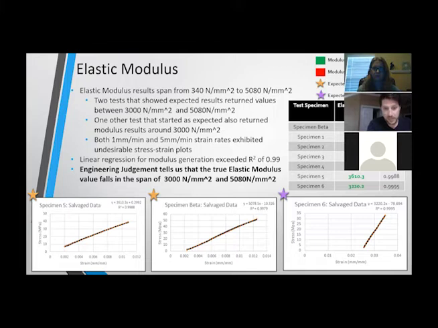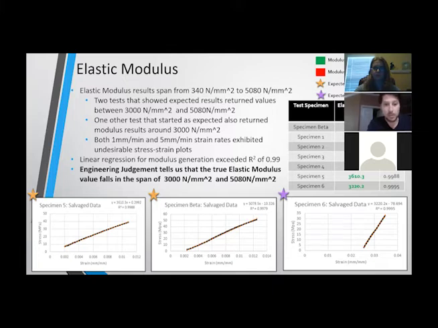Two of the 7 tests showed nominal testing results, between 3,000 and 5,000 newtons per millimeter squared. It didn't matter what the strain rate was. All linear trend line regions had an R-squared value that exceeded 0.99. Our engineering judgment tells us the true elastic modulus is somewhere in a span of 3,000 to 5,000 newtons per millimeter squared.